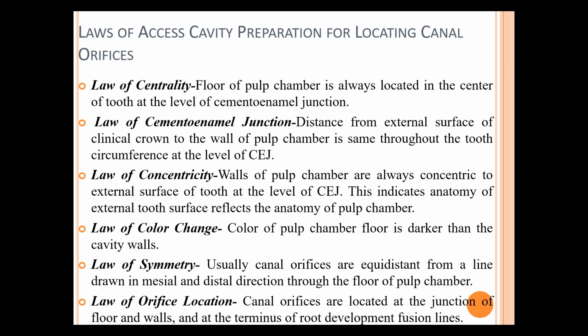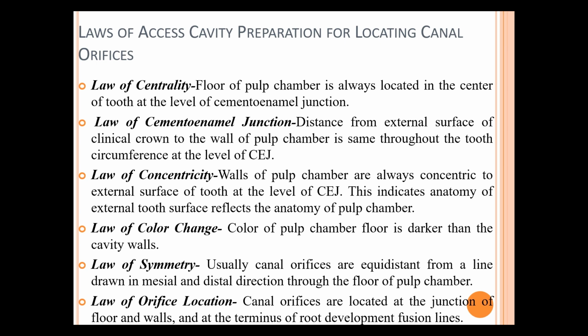Now coming to the laws of access cavity preparation for locating canal orifices. First is the law of centrality. The floor of the pulp chamber is always located in the center of the tooth at the level of the cemento-enamel junction. Law of cemento-enamel junction: the distance from the external surface of the clinical crown to the wall of the pulp chamber is the same throughout the tooth circumference at the level of the cemento-enamel junction.